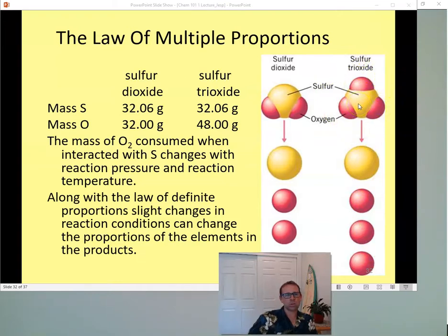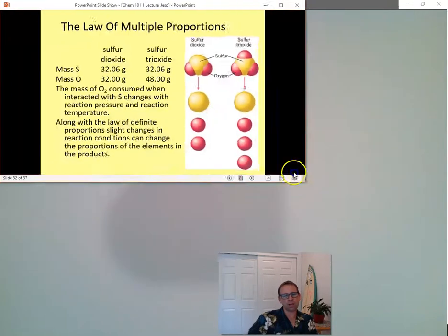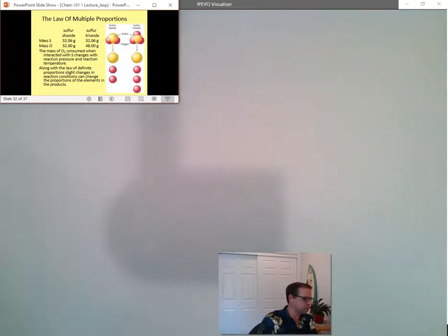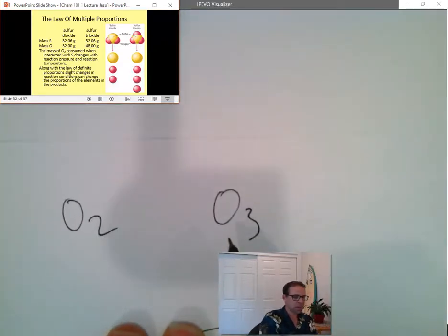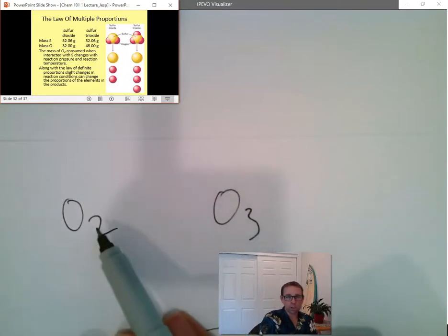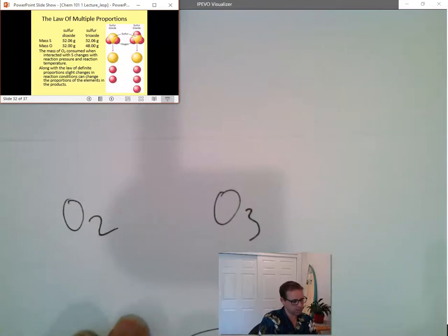You already realized this with our examples of O2 and O3. Oxygen exists, but also ozone exists. So somehow we have 2 oxygen atoms that like to pair up, and scenarios where we have 3 oxygen atoms that like to pair up.